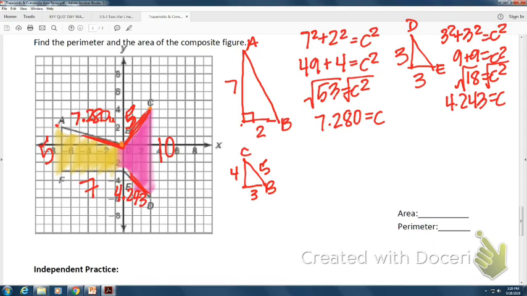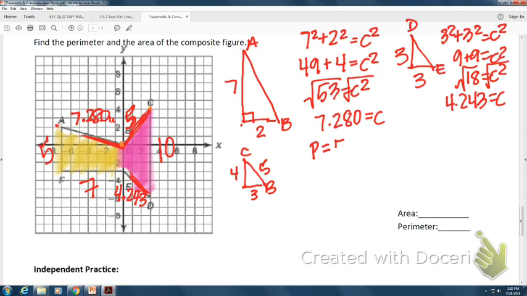Okay, so count how many sides of our shape we have. How many sides do we have? 1, 2, 3, 4, 5, 6. So we want to make sure that we're adding up 6 sides.